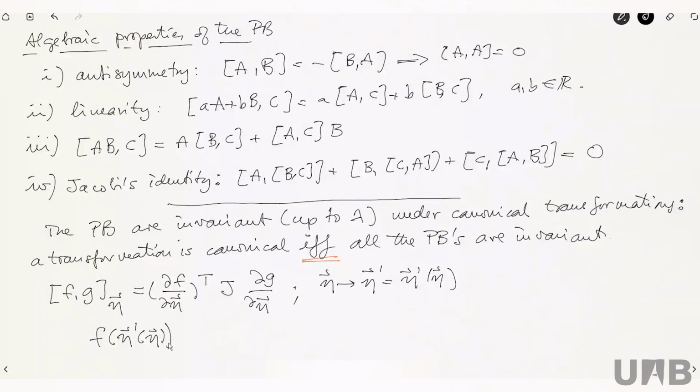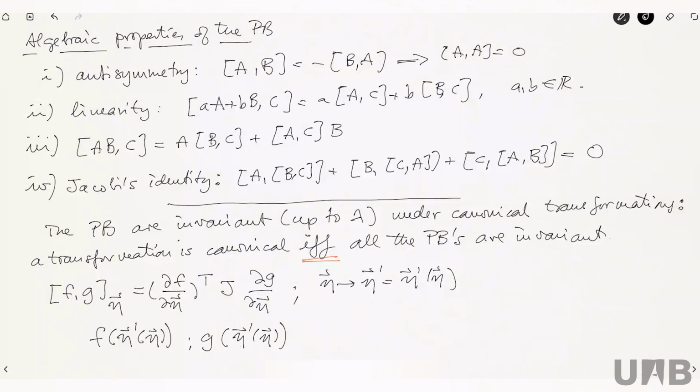So that would be the change of variables for f. And g the same. G is also a function of the old variables through the new variables. Okay, so that would be the function as a function of the old variables.